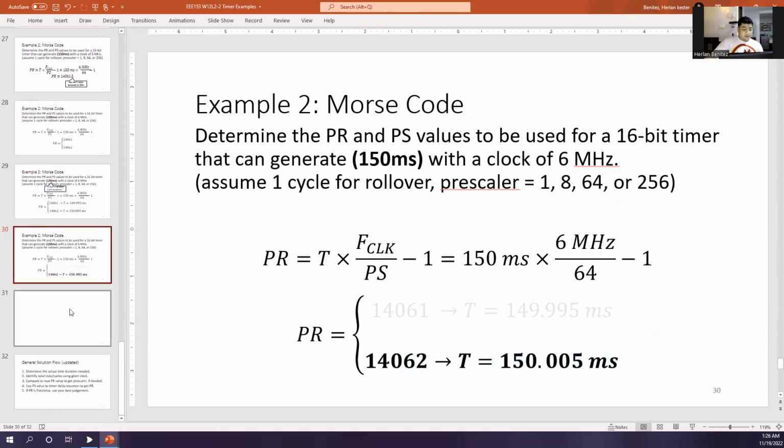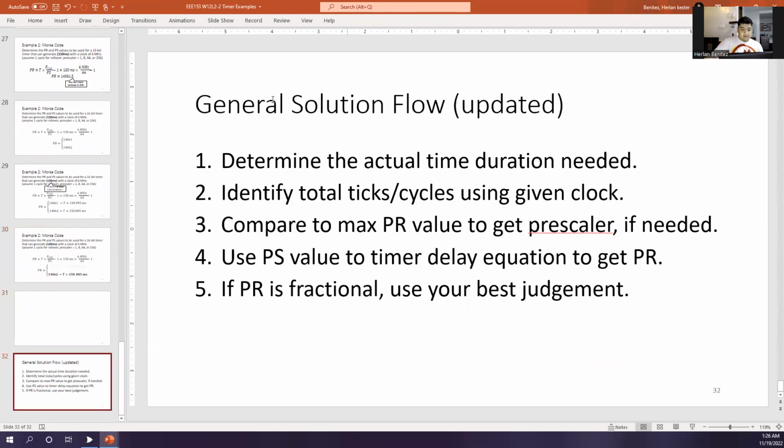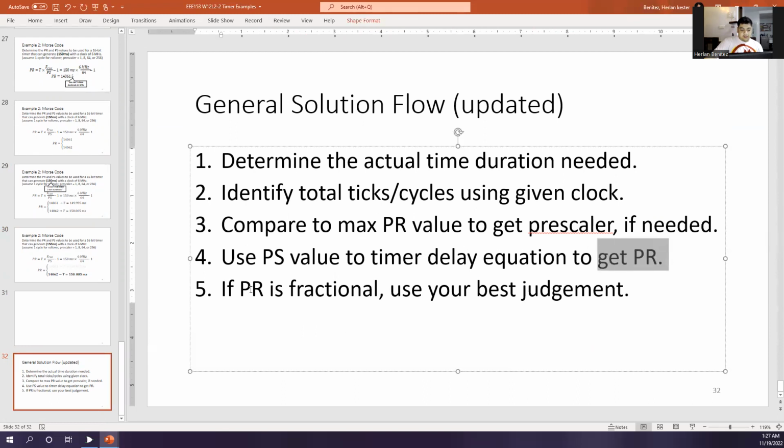With this example, I guess we can add to our general solution flow. After natin makuha yung prescaler value to determine yung ating period register, we have to check if yung period register is fractional. You have to use your best judgment kung mag-over or under ba tayo doon sa target.